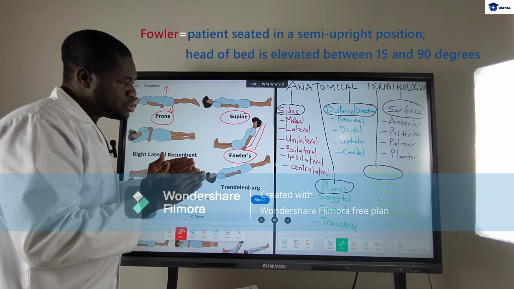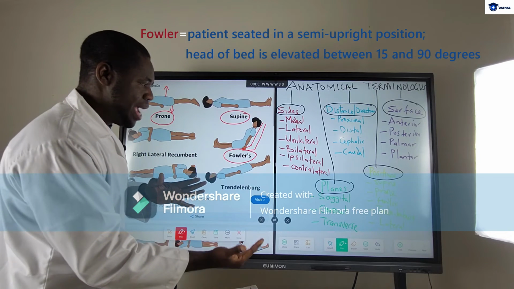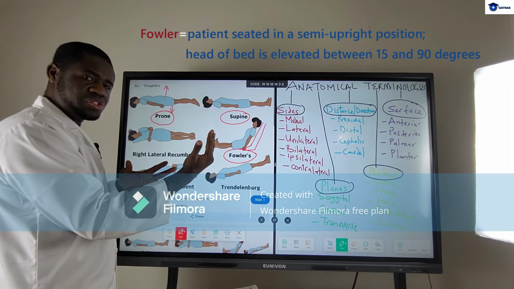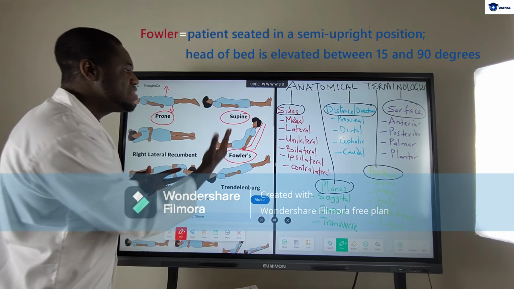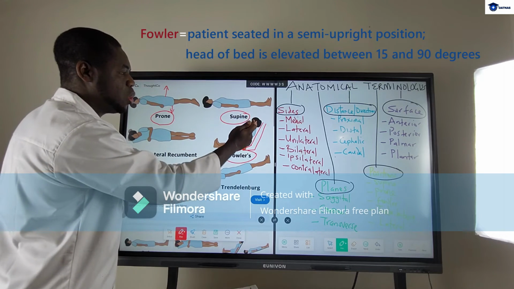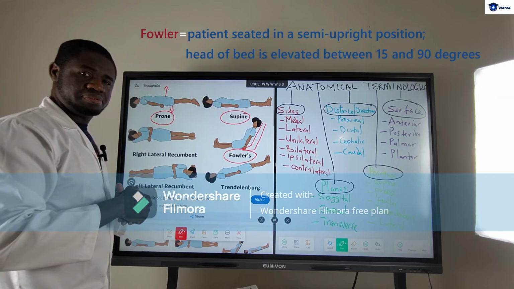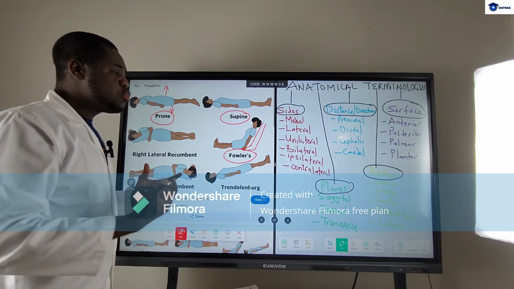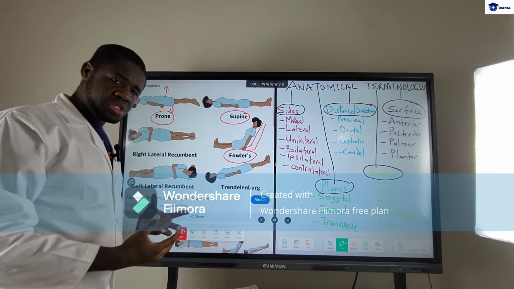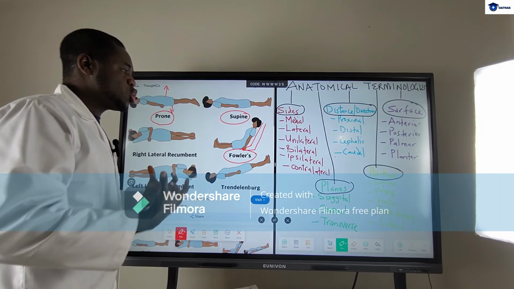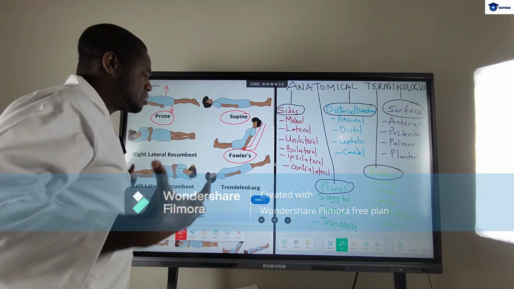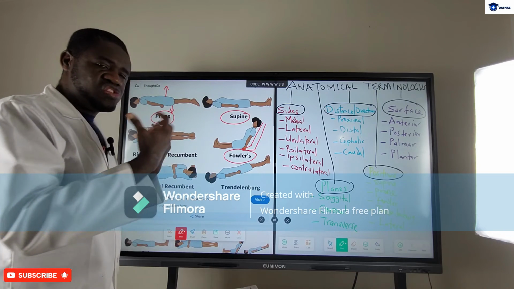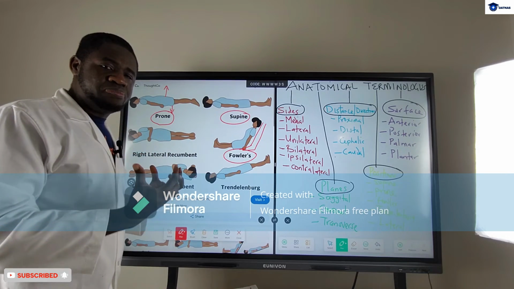So Fowler position elevates the upper part of the patient's body. You can use this position in patients with respiratory problems to allow for expansion of the lungs, to allow for ease of breathing.